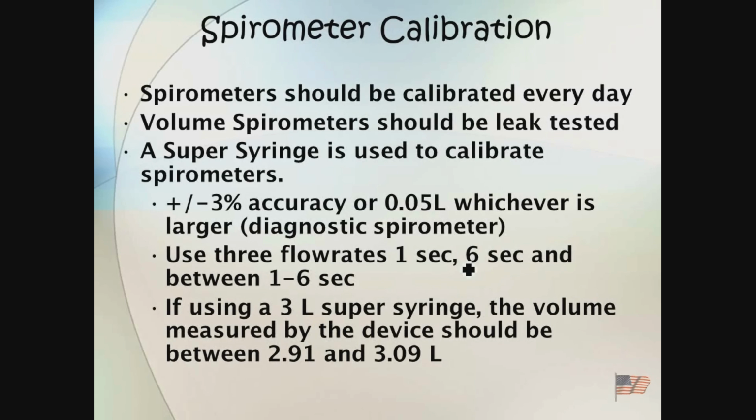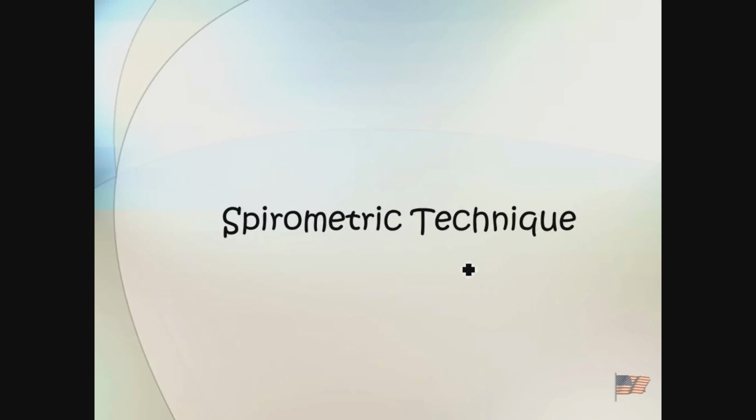We're going to do these spirometer calibration measurements at 3 different flow rates, usually one very slow, one very fast, and one somewhere between the two. And if we're using a 3-liter syringe, that plus or minus 3% would be 90 cc's, which would be 2.91 to 3.09. So that 3-liter syringe should come within that range of measurement when we're testing it.